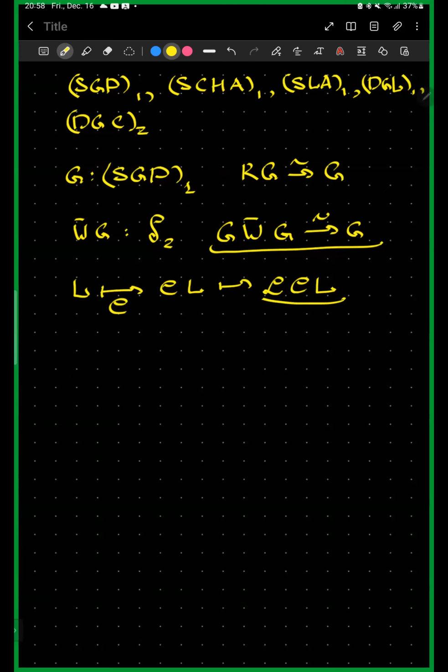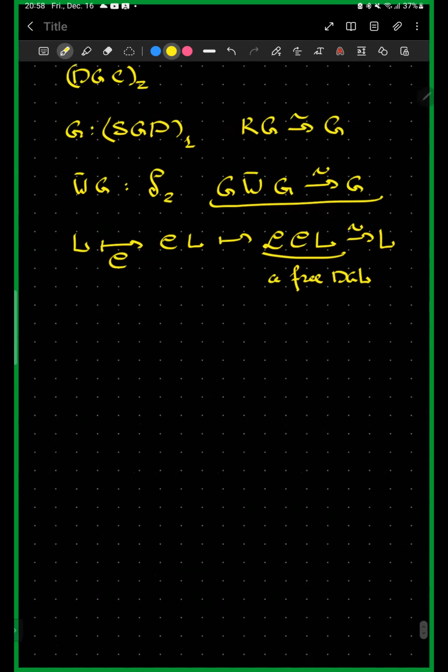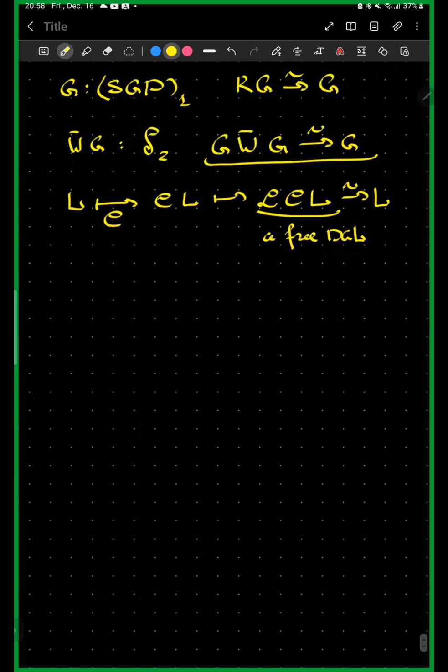And then what we'll get is again a free DGL, which is weakly equivalent to the initial Lie algebra.